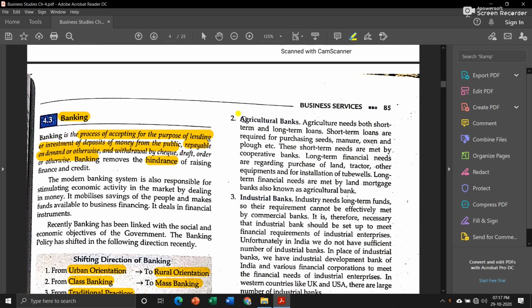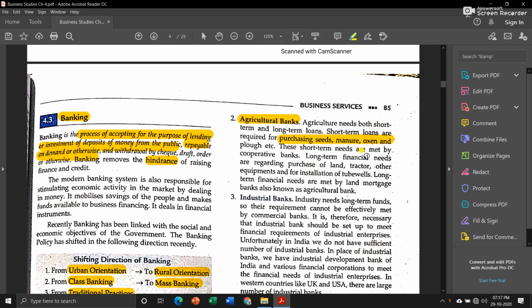Then next is agricultural banks. Agriculture needs both short-term and long-term loans. Short-term loans they need for purchasing seeds, manure, oxen and plow, and various other activities.